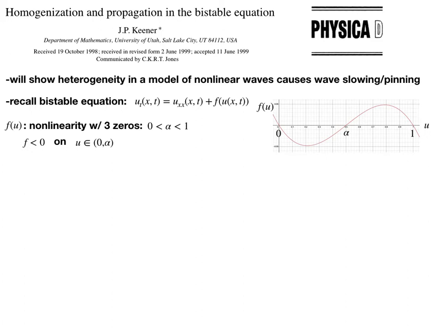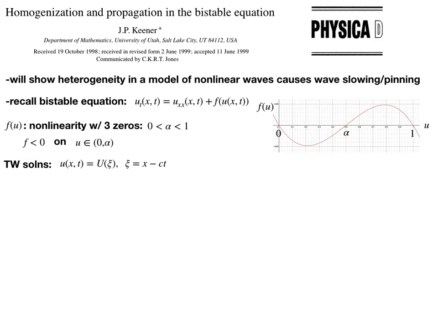This generates a system where waves will either have the 1 state invade the 0 state, or the 0 state invades the 1 state, depending on whether you have rightward or leftward moving traveling waves in this case. And I believe you may have worked out some exercises in PDEs to do this if you took graduate PDEs with me.